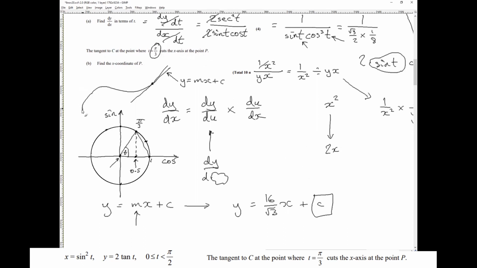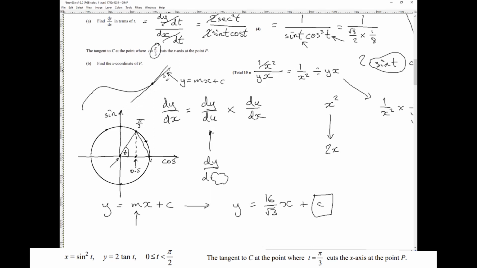So this curve, whatever it looks like, I've no idea whether it looks anything like that. I suspect not. I'm just drawing a generic curve to think about the tangent at that point. But what points do we know about on the tangent?